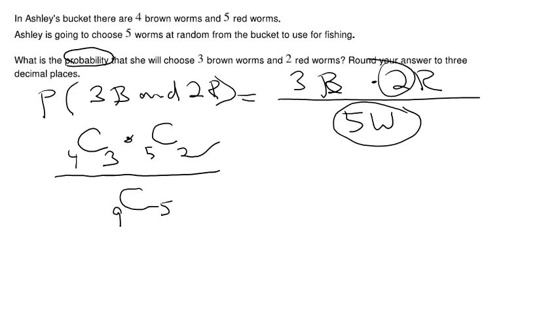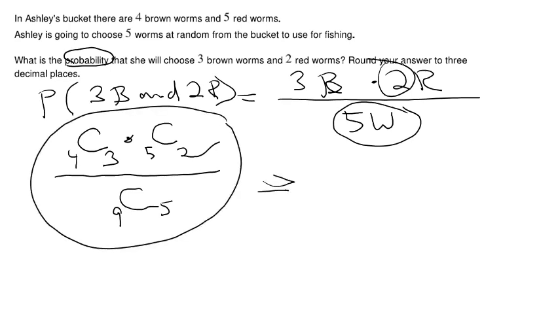They have to come from the 5. We need to know how many ways we can pick 5 worms in general from the 9 worms. You do the math. Here's the answer. C of 4 pick 3, 5 pick 2, 9 pick 5. There was no indication of any particular order here. She's just picking worms to go fishing with, right? So you do the math.